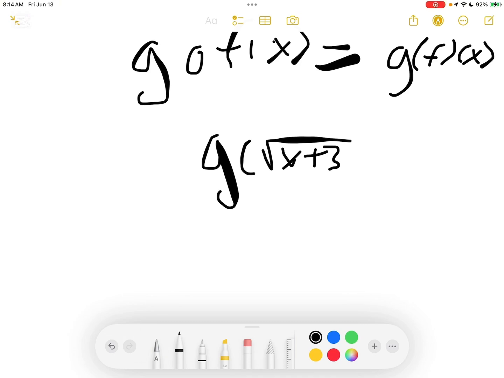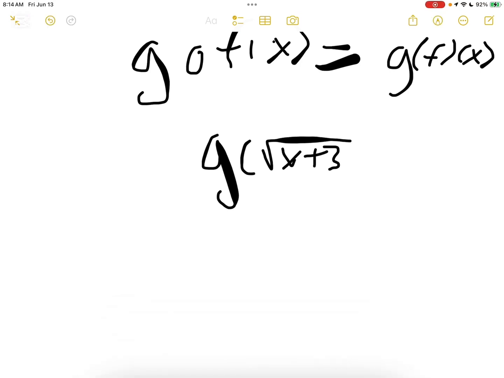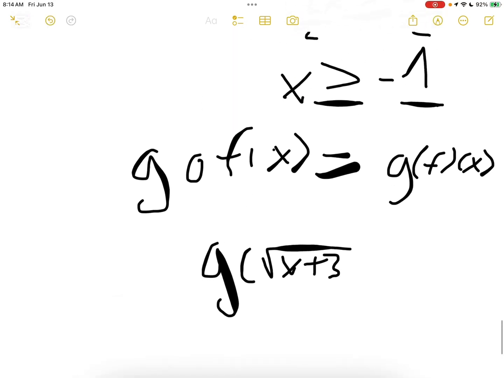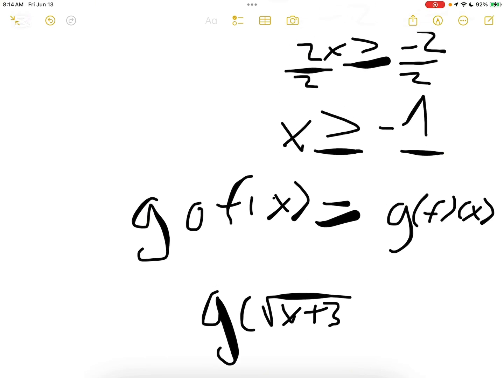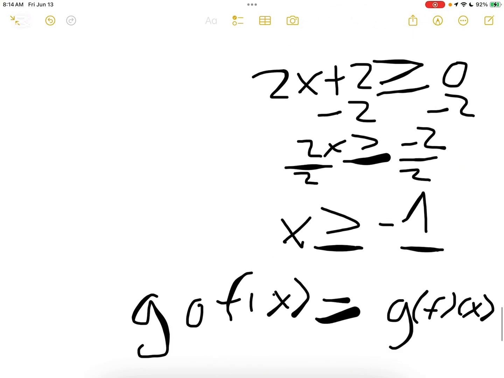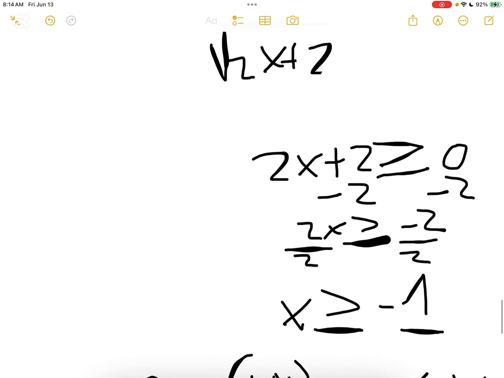Then, this time, instead of factoring our g function into this x, we'll factor this into our g function. So our g function is 2x minus 1.